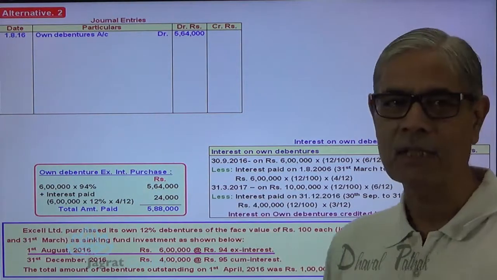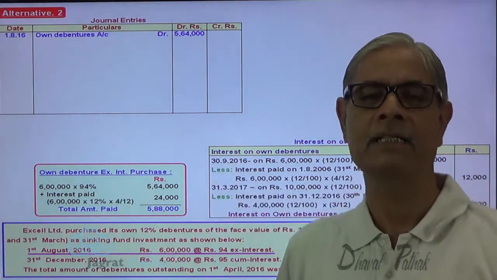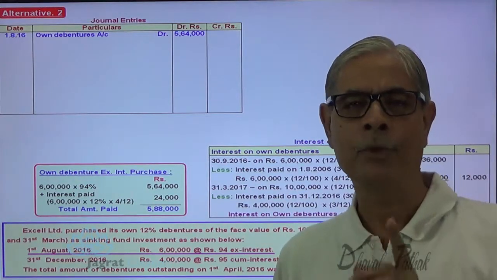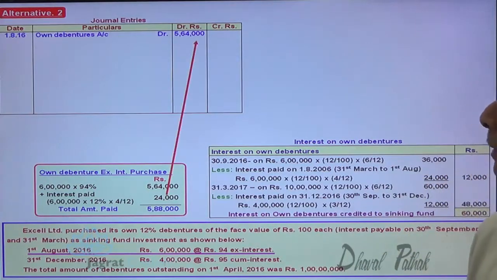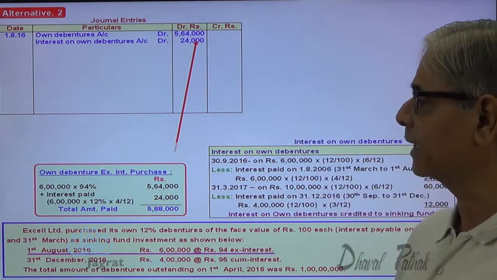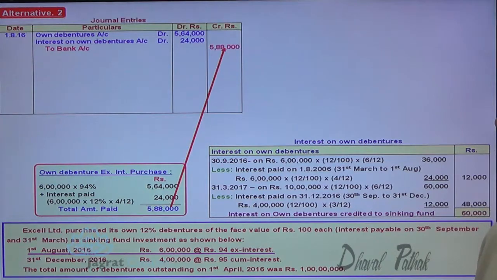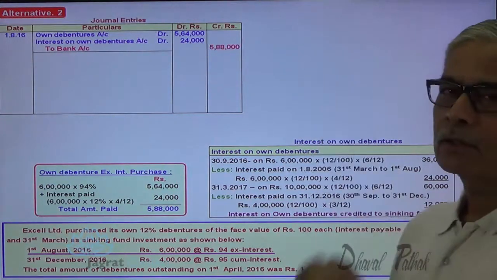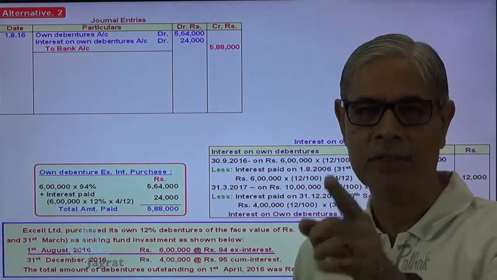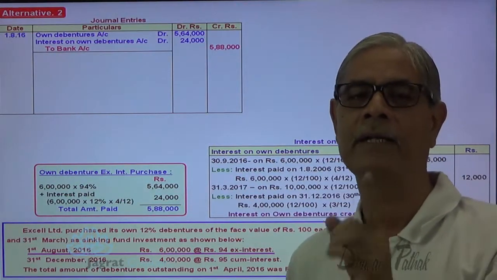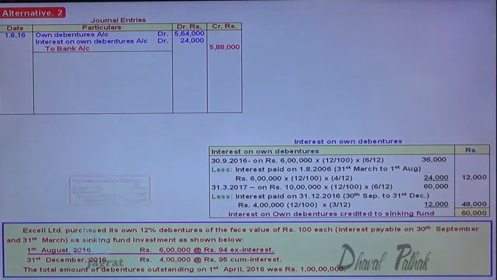This 24,000 was debited to interest on debentures account. Now I don't debit interest on debentures account, I debit interest on own debentures account, to bank account. This is how the first entry is recorded. The change is made: instead of debiting interest on debentures account, here I have debited interest on own debentures account.